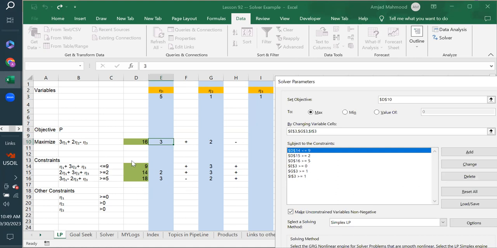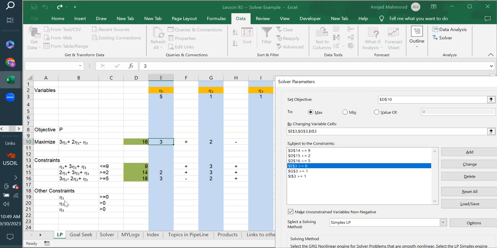So minimum restrictions have been applied. And other constraints are like this: N1 is greater than or equal to 0, and that is E3, right? E3, that is N1, is greater than or equal to 0.